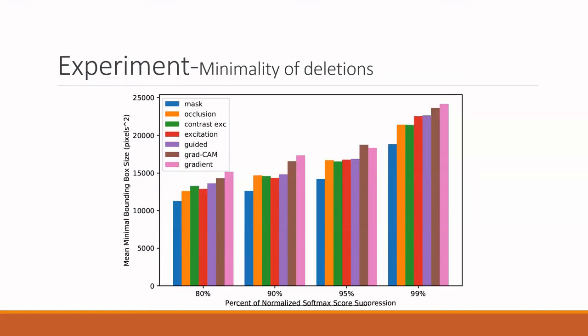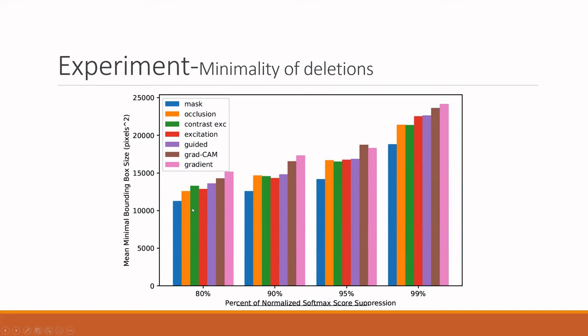The third experiment is almost the same as the previous, but they are doing the suppression experiment. For example, for the first group, the leftmost group of bars, in order to achieve a suppressive effect of 80%, how many pixels do we need to blur?